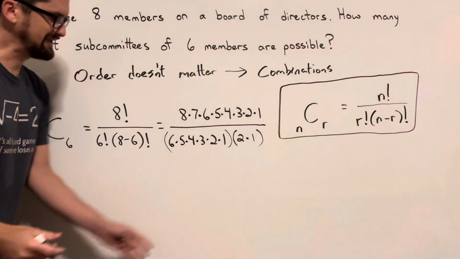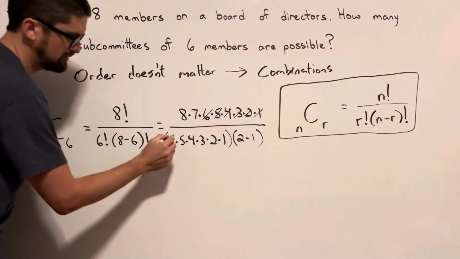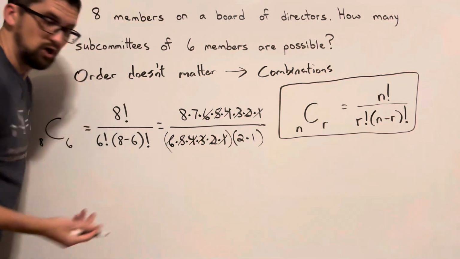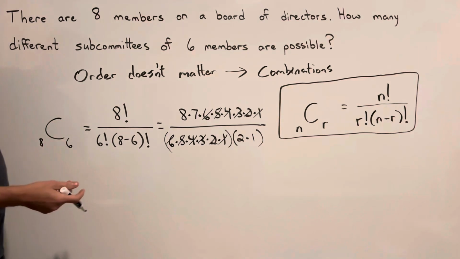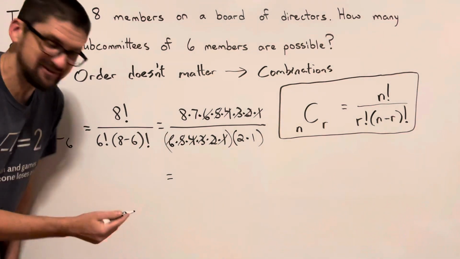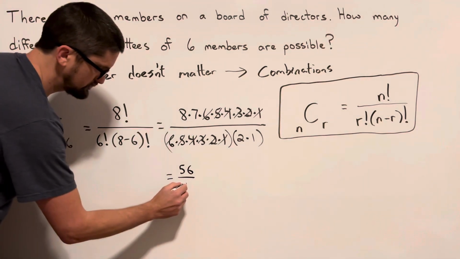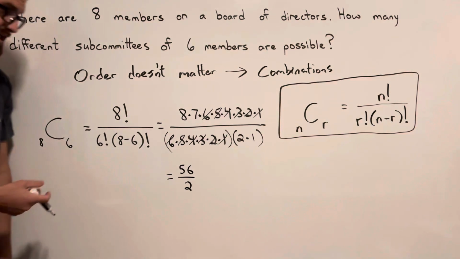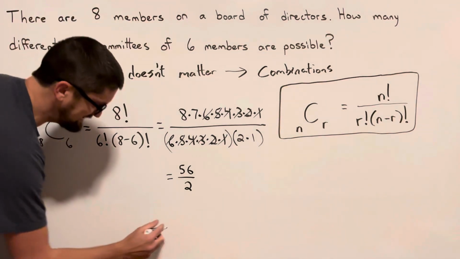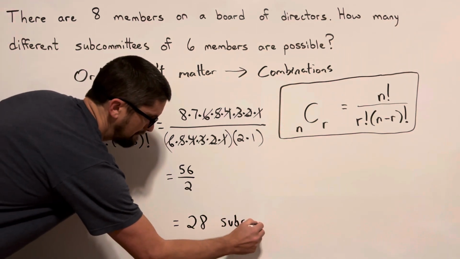Now this is all multiplication, so you can see that the 6, 5, 4, 3, 2, 1 all divide out, and you're just left with 8 times 7 up top, that's 56. And then 2 times 1 on the bottom is 2. And 56 divided by 2 is 28. So this would be 28 subcommittees.